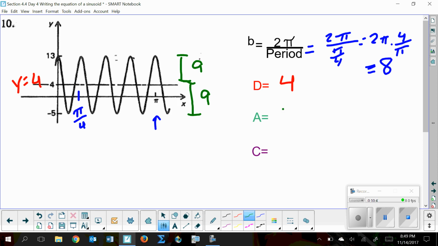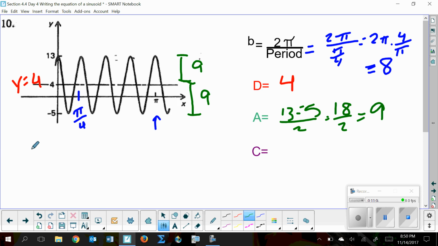So if our maximum is 13 and you take away -5 and divide by 2, you have 13 plus 5, which is 18 divided by 2, which is 9. So either way, you can look at the graph and count, or you can do it mathematically.